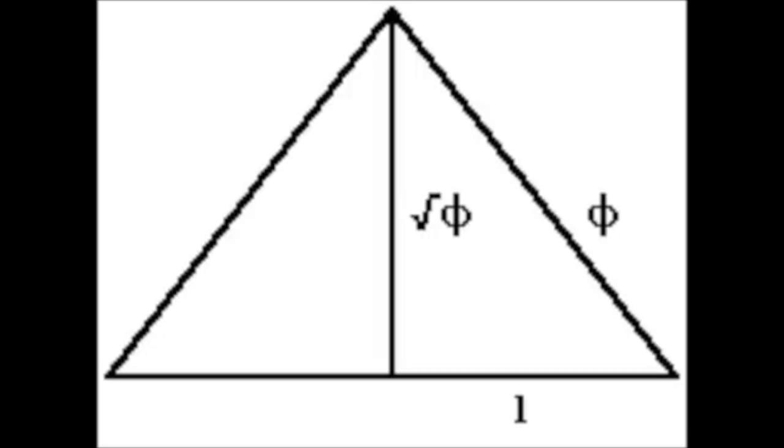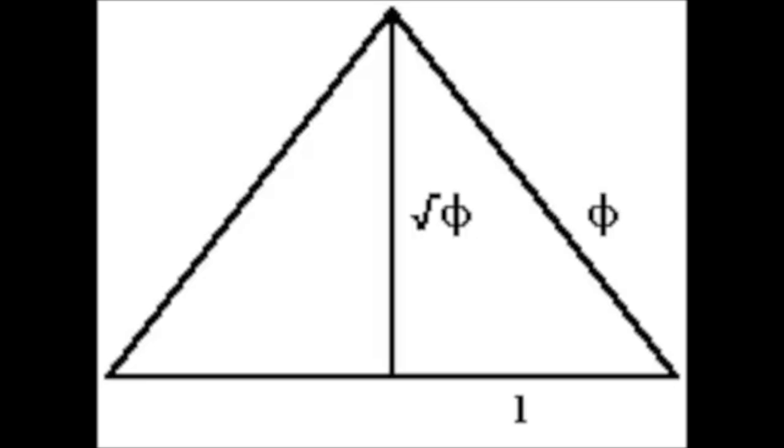Consider a nearly equilateral triangle with a base length of 2 units, base angles of around 54 degrees, a rising hypotenuse of length phi, and a peak capstone angle of around 72 degrees.